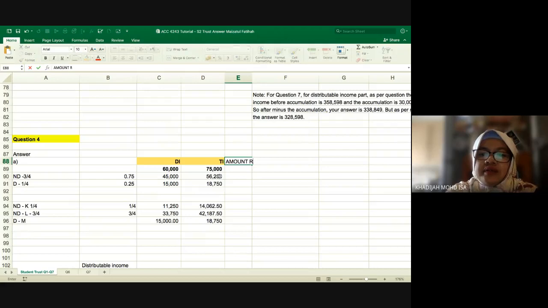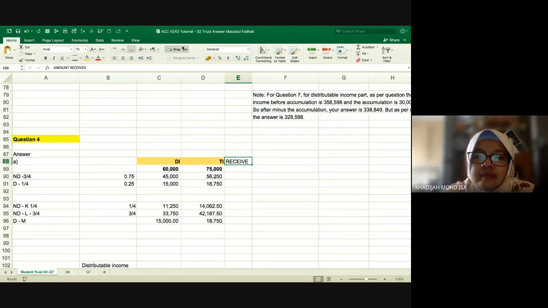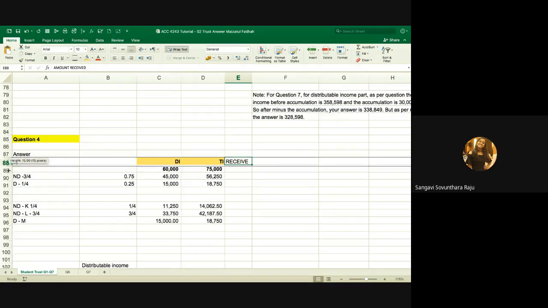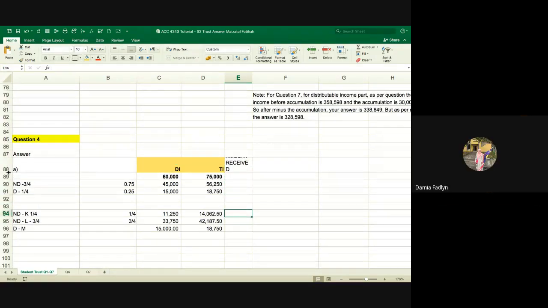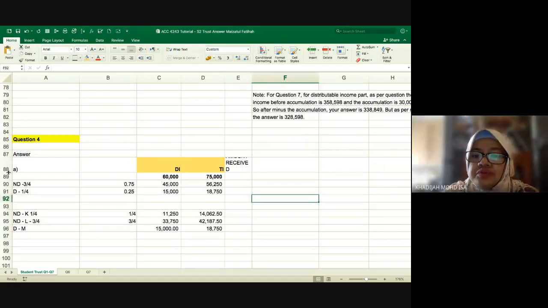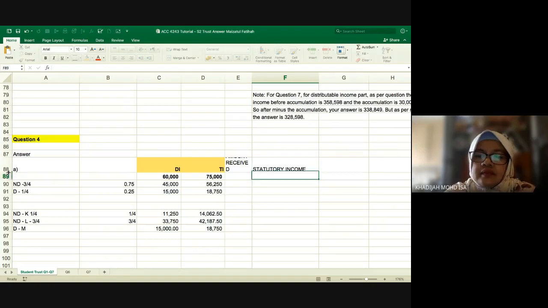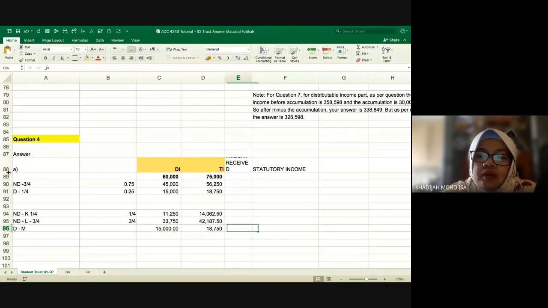Alright, amount received is important only for the purpose of statutory income. Who should know how much is amount received? Does it make a difference, amount received for the non-discretionary portion? I don't care, because for statutory income you only have to compare whichever is lower for those that receive discretionary fund.